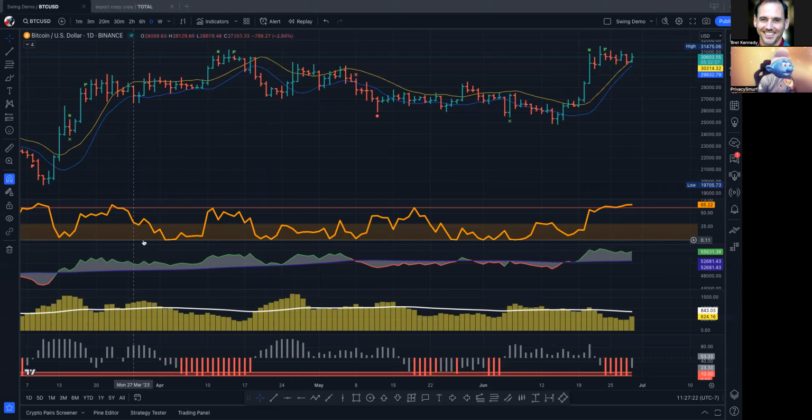What it is telling you is whether there is trending price action or not so much trending price action. Ideally we want to enter these swing trades when you have a defined trend.